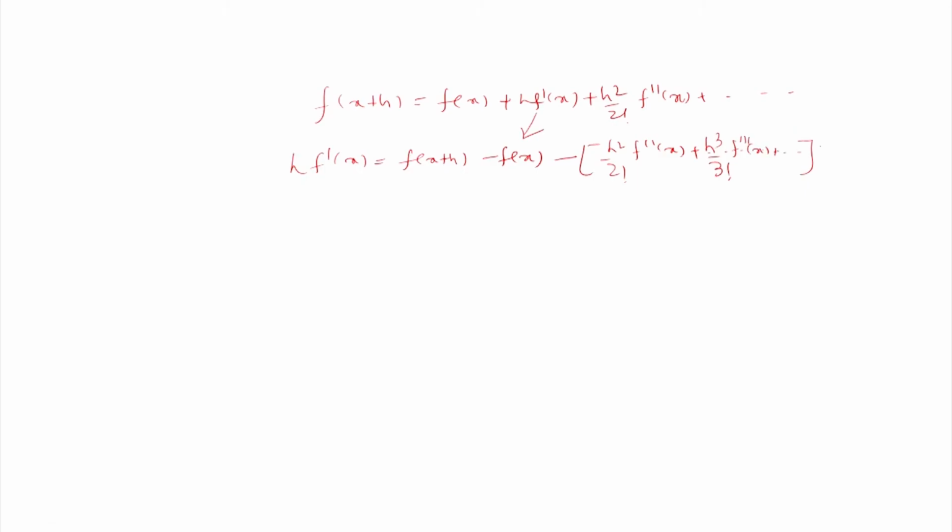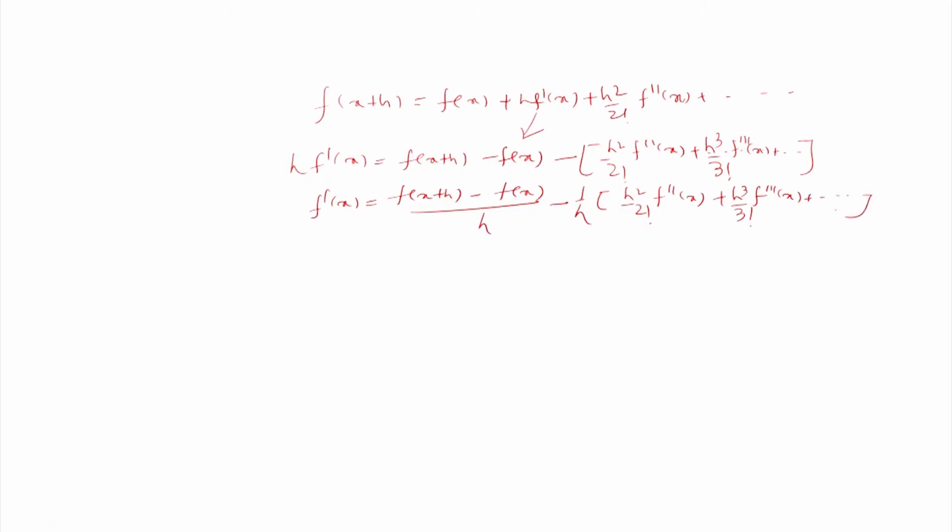Then we can express this as f dash x equals to f of x plus h minus f of x divided by h minus 1 by h square by 2 factorial f double dash of x plus h cube by 3 factorial f triple dash of x plus all other terms.